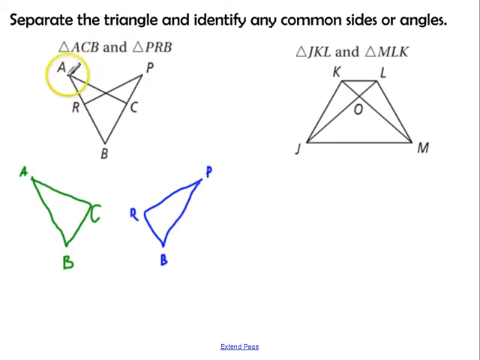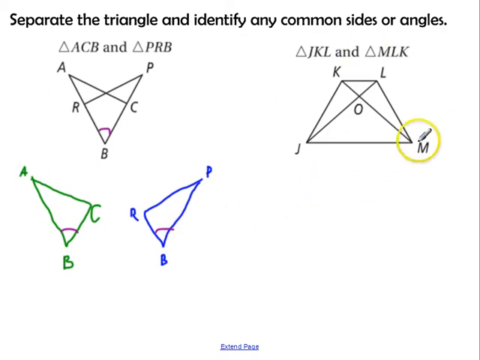So here we don't have any common sides. AB is not found over here. CB is not found over here. AC is also not found in this triangle. But if you notice, both triangles have this angle B in full. So this angle is the common angle in the two overlapping triangles.